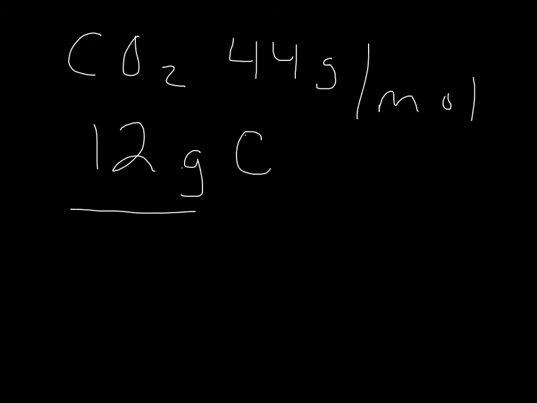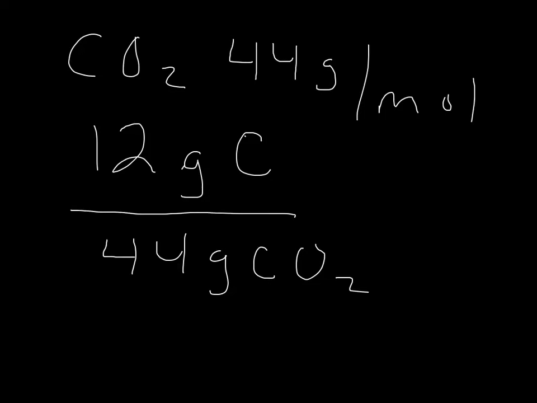So there's 12 grams of carbon for every 44 grams of carbon dioxide. Now basically this is the percentage of carbon in carbon dioxide. That's what it turns out to be.